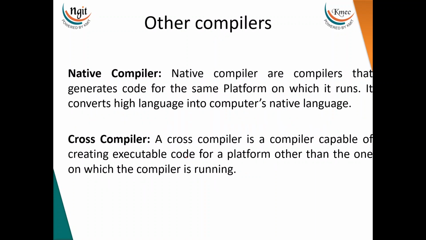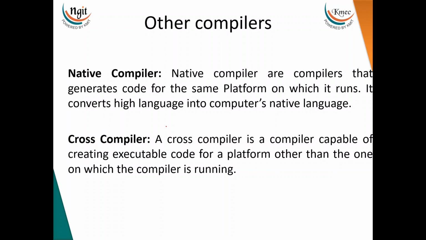So bootstrapping means compiling the compiler program in the host machine or language. Porting means changing the compiler to work on different machines. We also have two other kinds of compilers called native compilers and cross compilers. What is a native compiler?